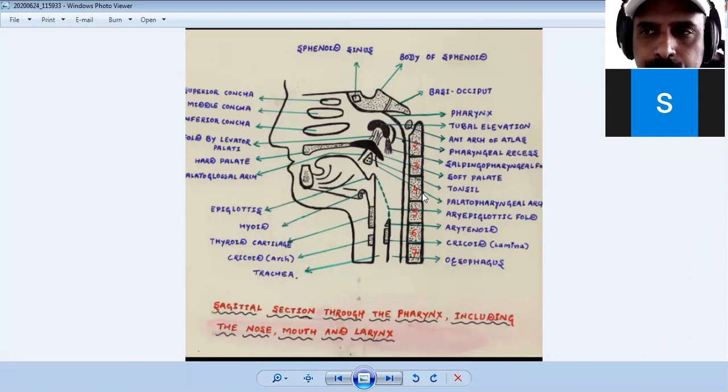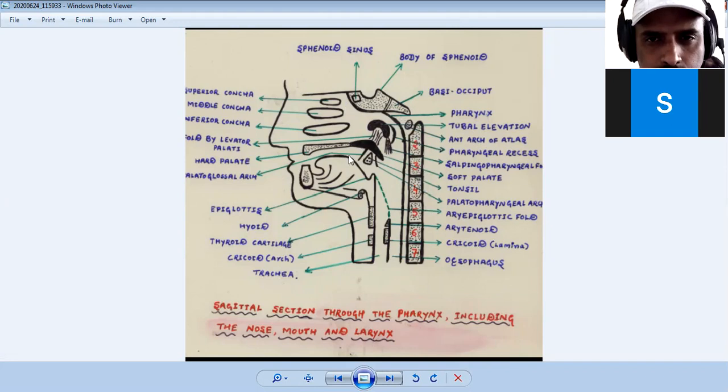The pharynx is a muscular tube which glides over the prevertebral fascia, which separates it from the cervical spine. We have the cervical spine like C1, atlas, axis, and the third, fourth, fifth, and sixth cervical vertebrae. Those you have to remember.